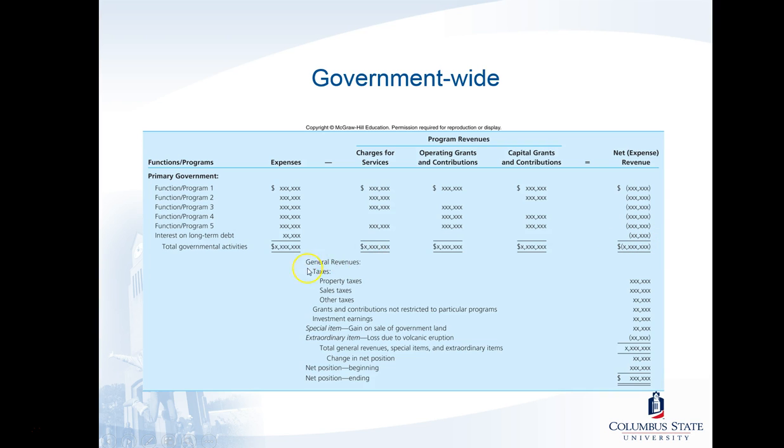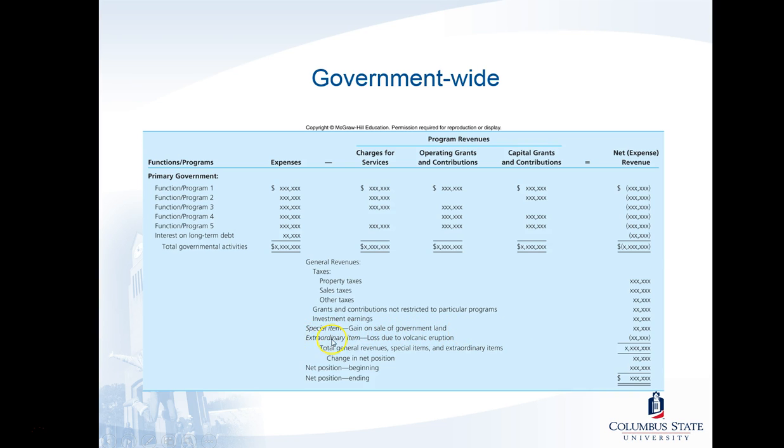So we come down here to the general revenues, and government collects a lot of general revenues, and you're going to recognize these. So we have property taxes, sales taxes, other types of taxes, grants and contributions that are not restricted to particular programs, and investment earnings. They can also have special items like the gain on the sale of government land.